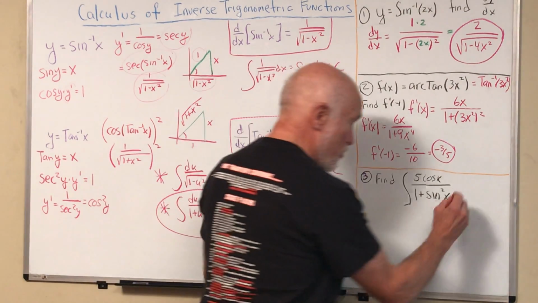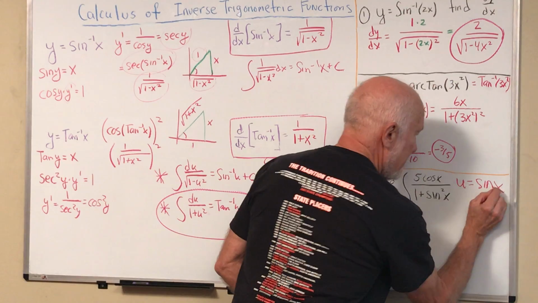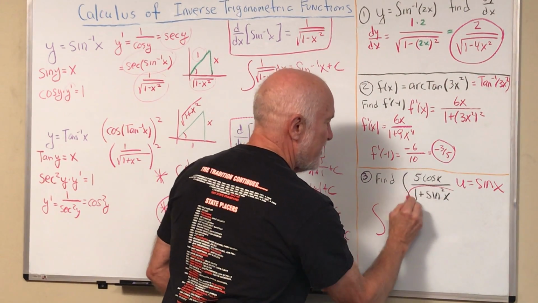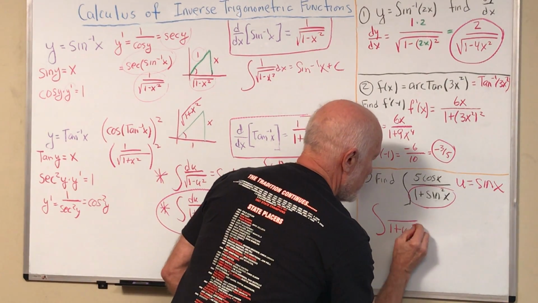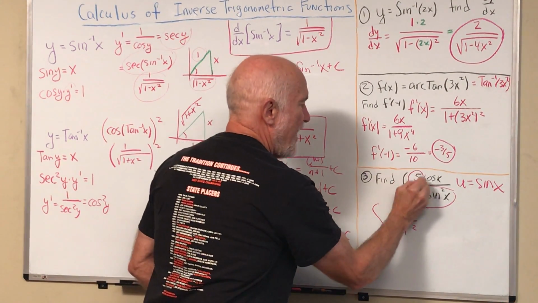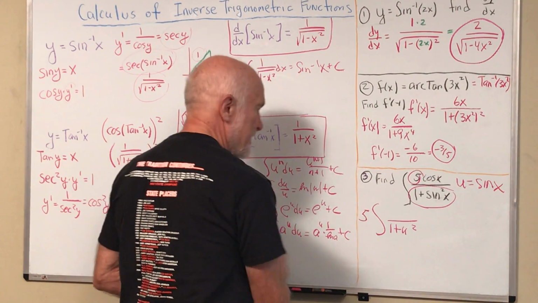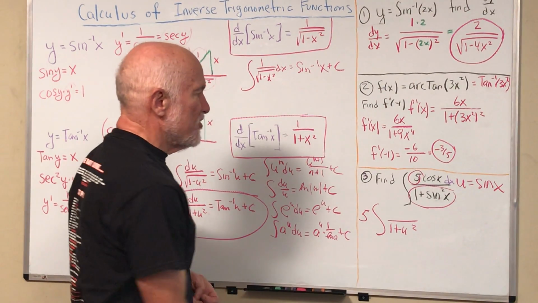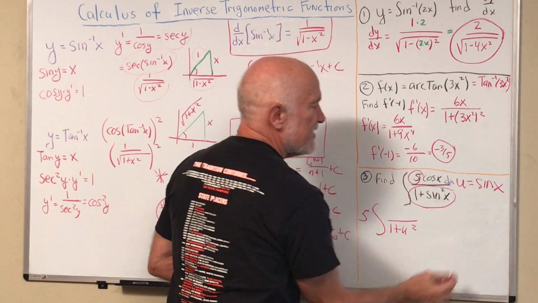So if that's true, I want u to be the sine of x, because then I can call all of this 1 plus u squared. The 5, oops, I forgot my dx right here. Always have to have a dx in your integral. So I've got left the cosine of x dx.